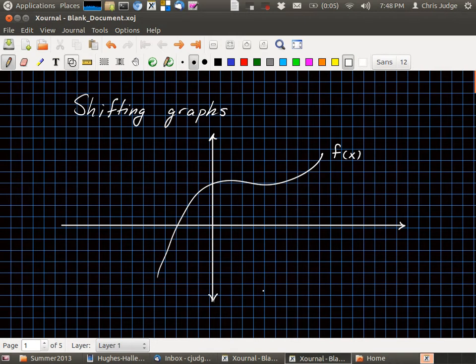So here's a function f of x. Now suppose I want to shift this function up. Let's suppose I want to shift it up by 2 units. That means I want to push it up. I'm going to push every value up by 2 units. So here I'll go up 2 units, and everywhere along here I'll go up by 2 units.